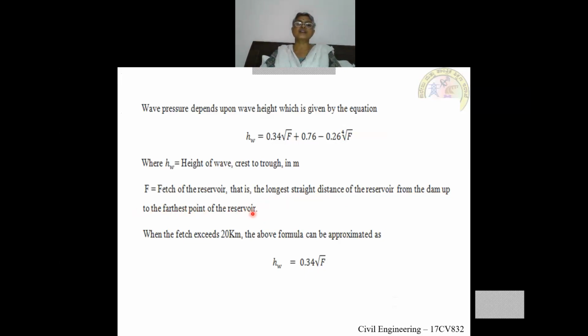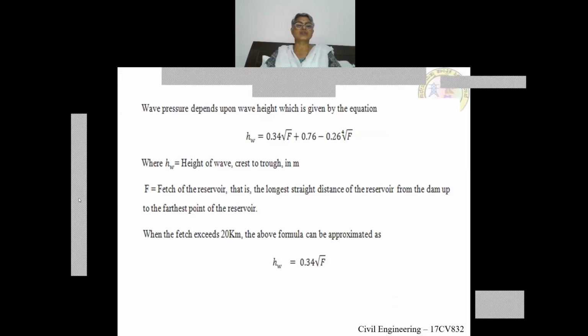So you can see it depends upon the stretch of the reservoir. What is the farthest distance from the dam's upstream face to the farthest point of the reservoir?